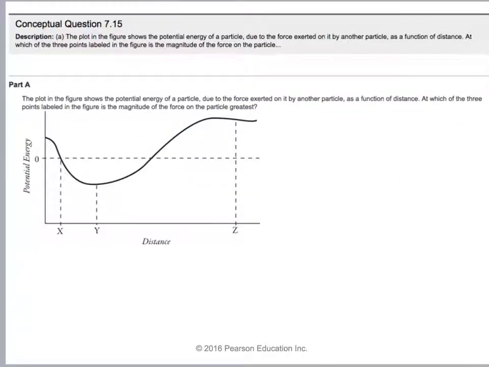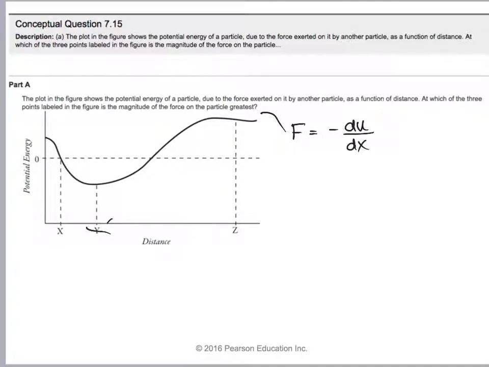Here's a question. It says, here's the potential energy function for a particular situation, and it wants to know at the 3 points labeled, where is the magnitude of the force on the particle the greatest? And so what would we look for? The magnitude of the force is related to the slope of this graph, and so we would ask, where is the slope the greatest?